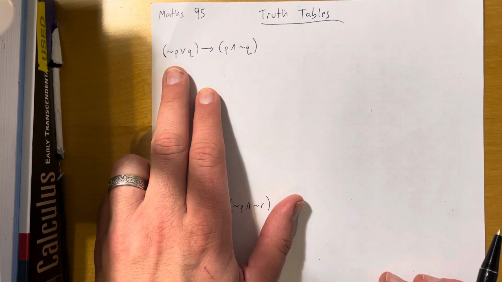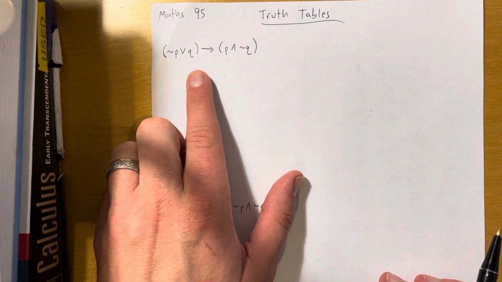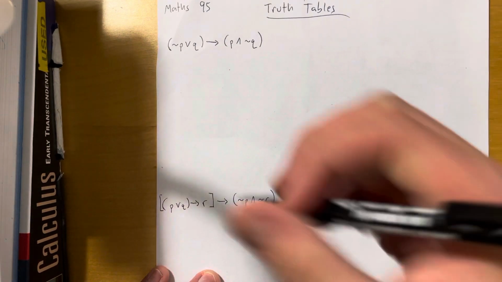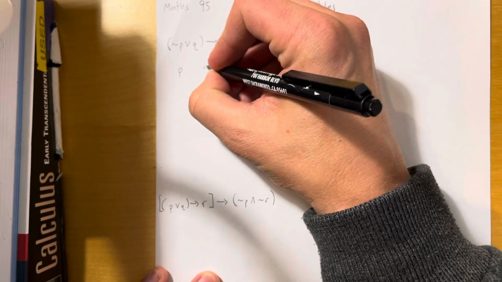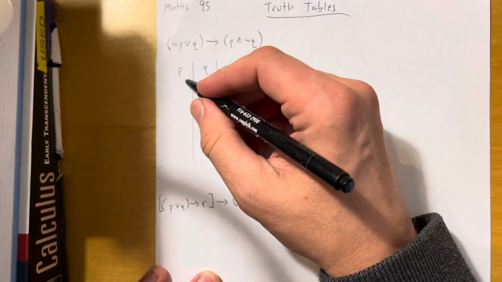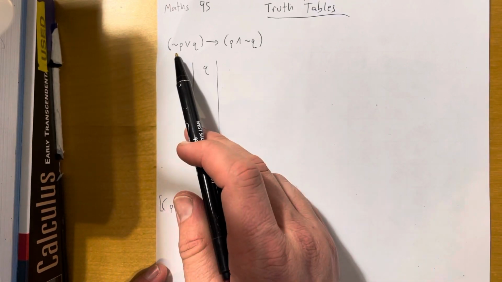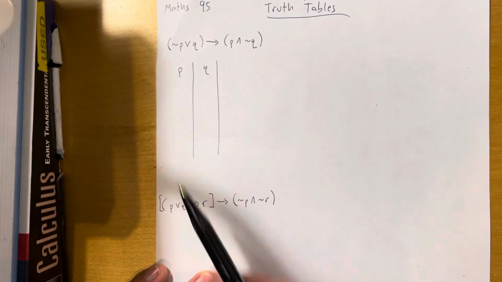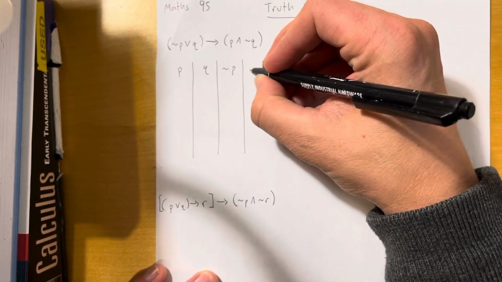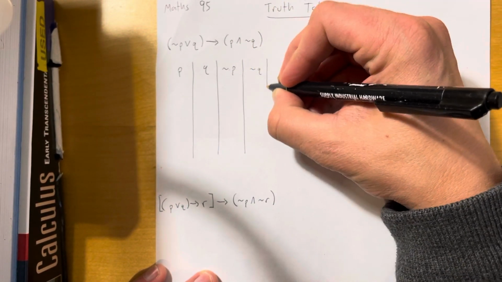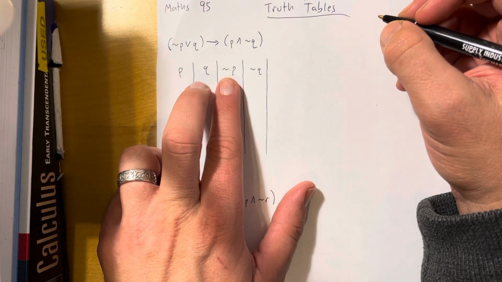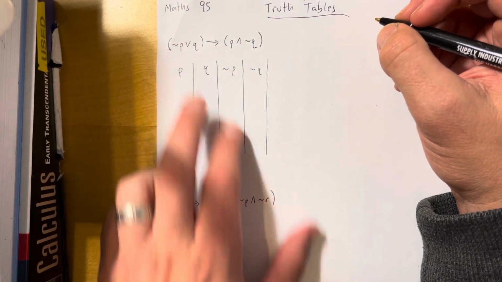This one is not P or Q implies P and not Q. So what I'm going to do is create my columns here, starting with P and Q. And then I noticed that I have both a not P and a not Q showing up somewhere in this statement. So I'm going to want to have those included in their own columns. And then I have a not P or Q appearing in one set of parentheses here.